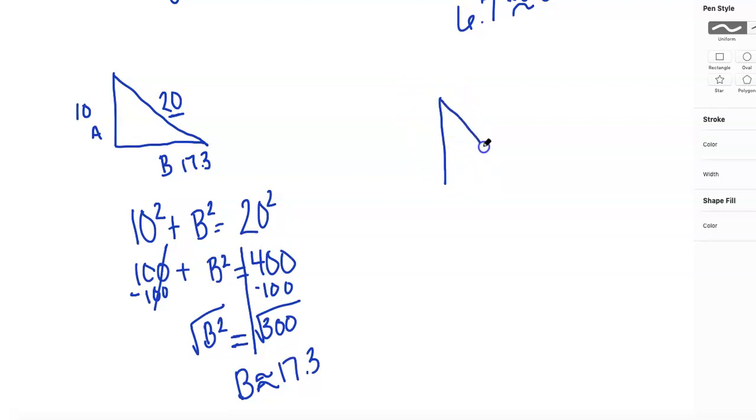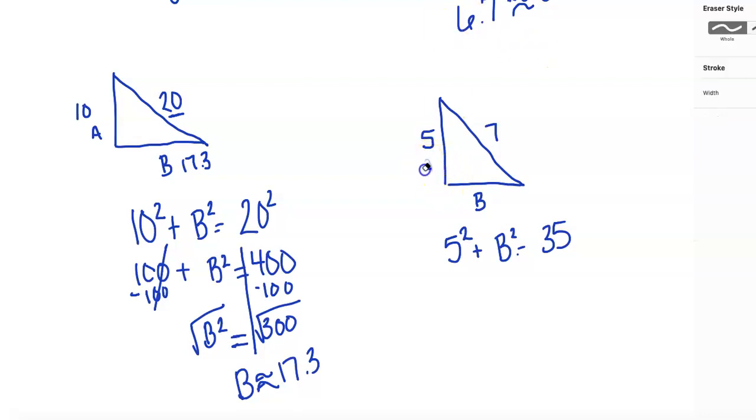All right, so for this one, I have 5 for my A. I don't know what B is. And 7 is my C. So again, I have 5 squared plus B squared equals 35. You know what? Let's mix this up a little bit because it's going to be the same regardless of how you do it.